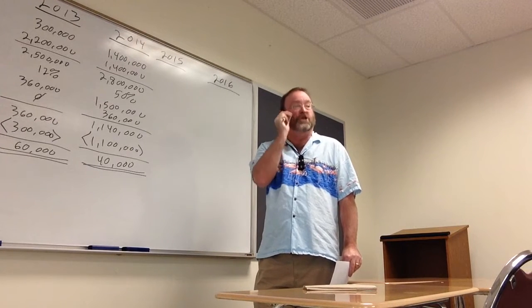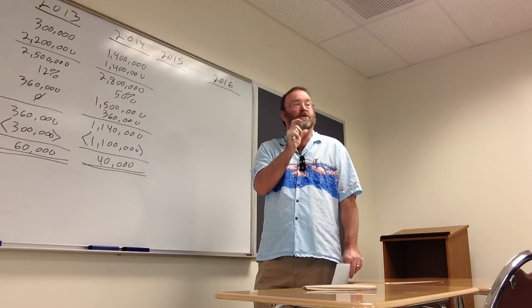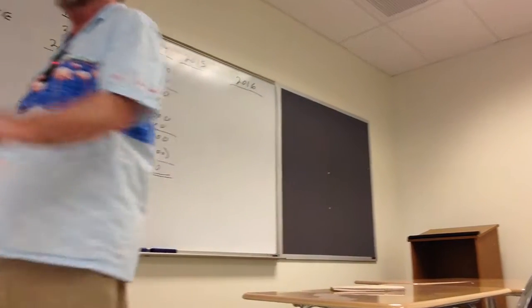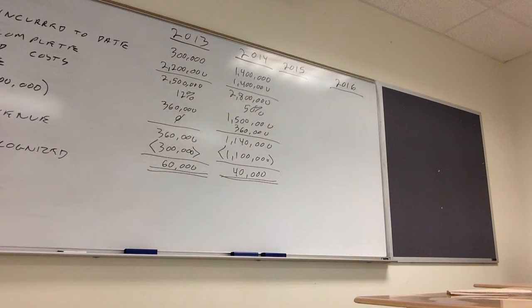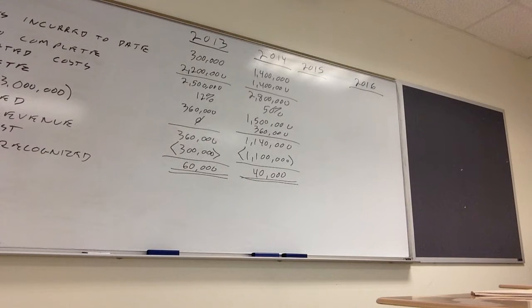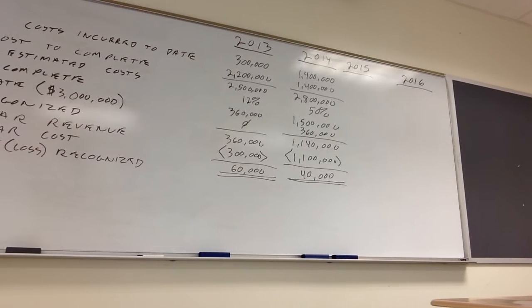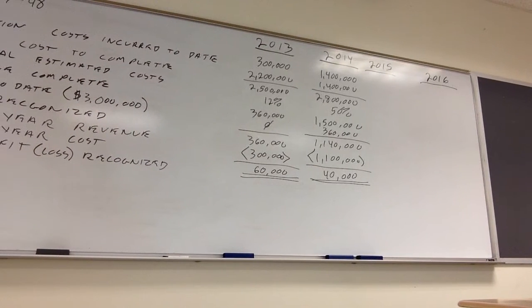Because we incurred just in 2014 1.1. What the line says in your book here is construction cost incurred during the year. So if we incurred $300,000 in year 2013 and $1,100,000 in 2014, there we go.